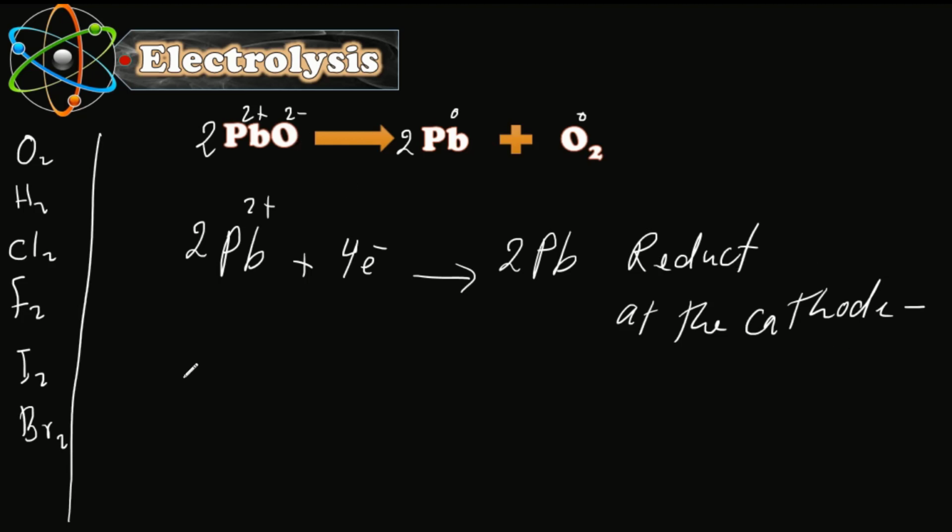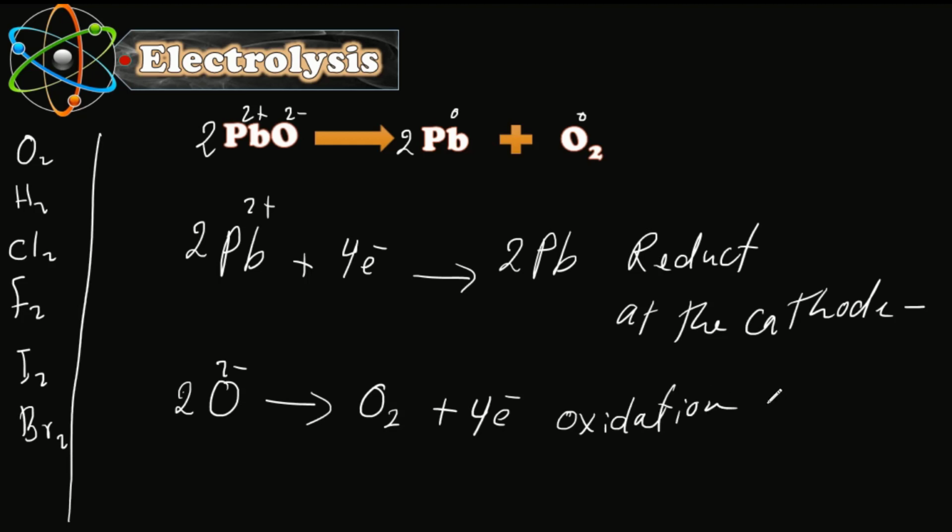Now let's look at oxygen. 2 O 2 negative. This oxygen will lose electrons, so I will write an arrow. Then we have O2 plus 4 electrons. This lost electrons, so it is oxidation. Where does it happen?